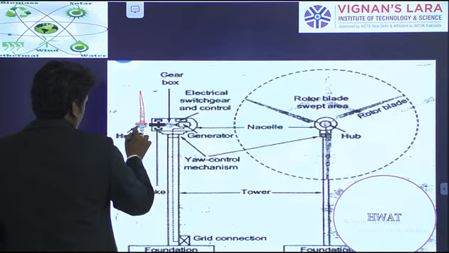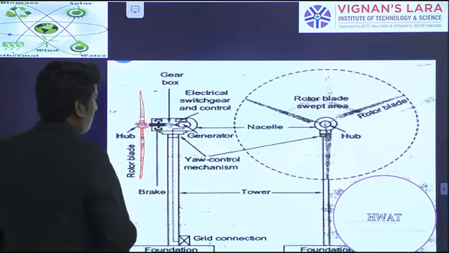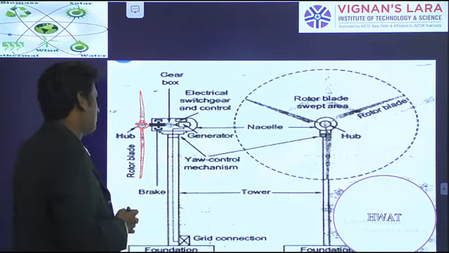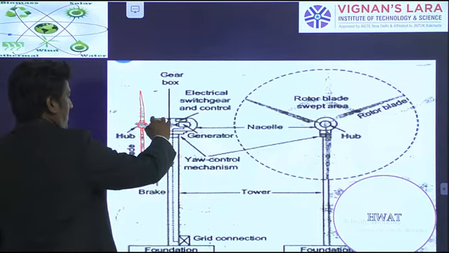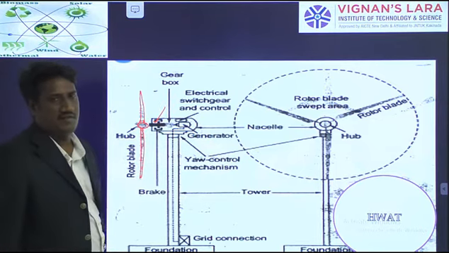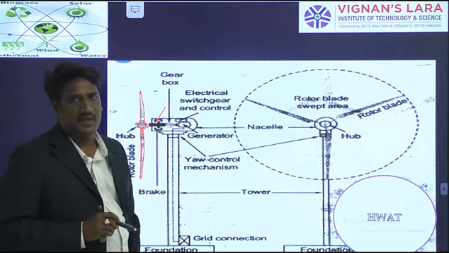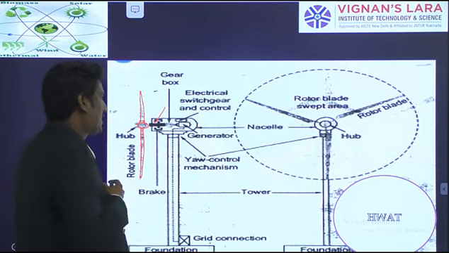This is called the hub. Blades will be connected to the hub. Two blades will be there here, and this is a brake mechanism. Whenever you want to stop the operation for maintenance purposes, a brake mechanism is provided.